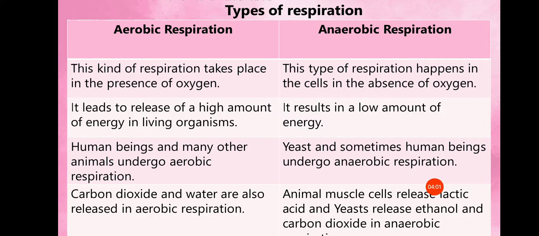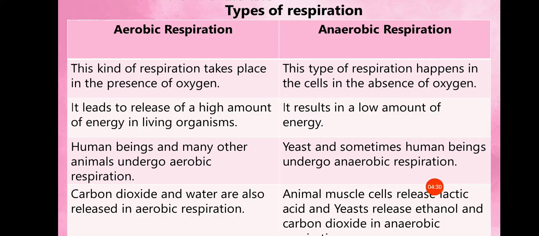So I hope all of you understood what is aerobic and what is anaerobic respiration. The key point of it is aerobic is happening in the presence of oxygen, while anaerobic takes place in the absence of oxygen. As well as in aerobic respiration, a large amount of energy is released, while in anaerobic, very less amount of energy is released.